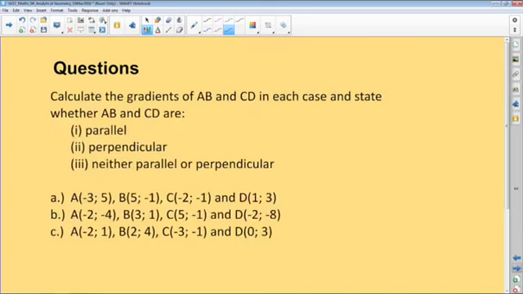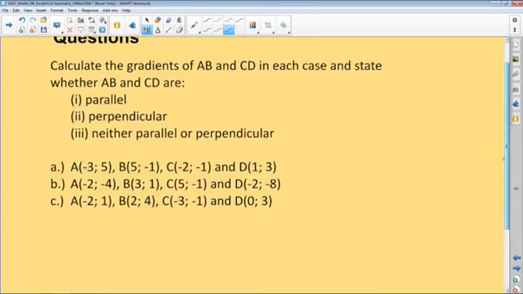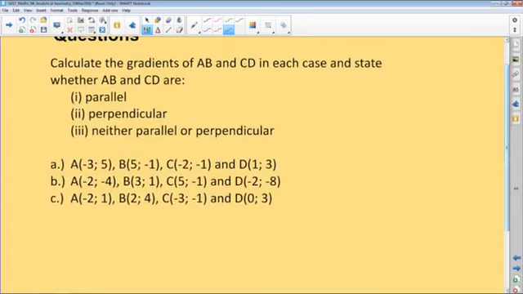All right? So now, guys, earlier on in our lesson, we spoke about the gradient, parallel lines, perpendicular lines, and so forth.